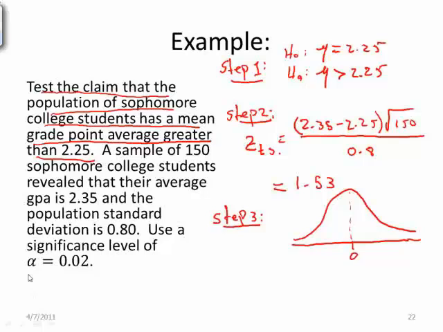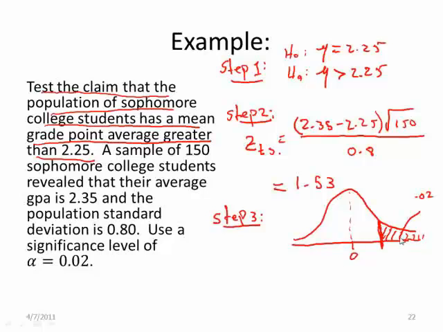And we have a significance level alpha of 0.02. Since this is an upper-tailed test, this shaded region right here is going to be 0.02. So that means we need to come up with this z-score right here. All you have to do is determine that using either the charts or the tables. Doesn't matter to me which way you do.